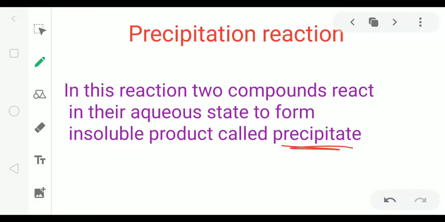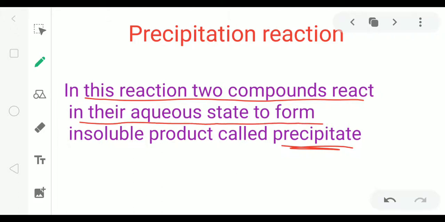Precipitate is insoluble solid in liquid. So in this reaction, two compounds react in their aqueous state to form insoluble product called precipitate. Aqueous state means when any solid is dissolved in water.